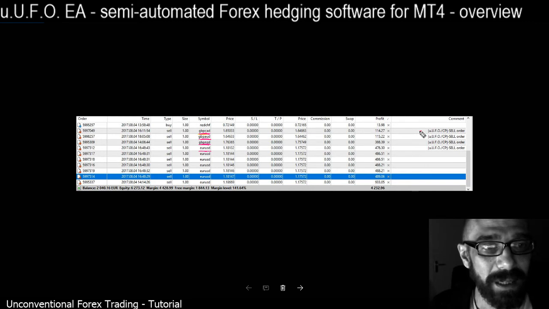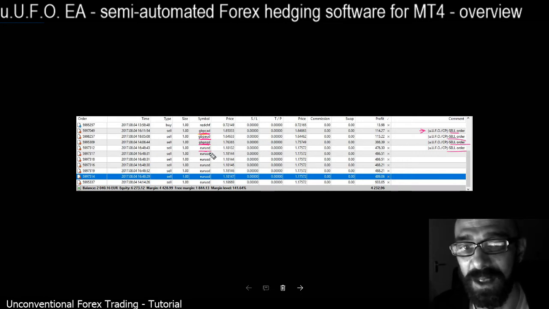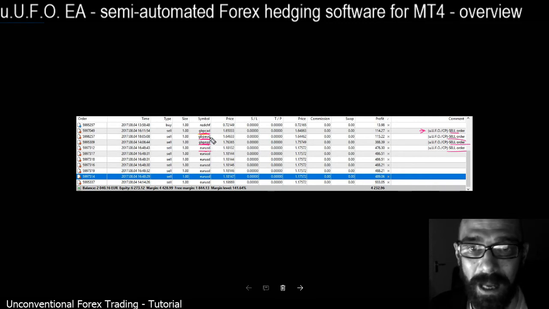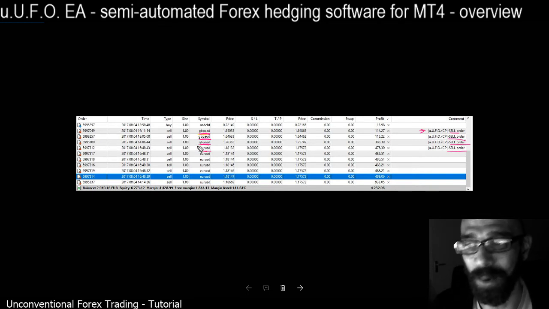Anyway, then the moment that the conditions are ready, the expert advisor generates a sell or a buy order accordingly. So in this case, I decided to use it on the euro dollar with more gravity, because in my opinion that was the most important trade I could have made that day. Okay, but that's subjective, I can't decide that.